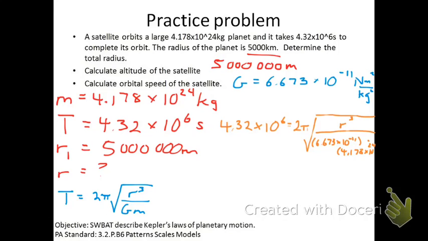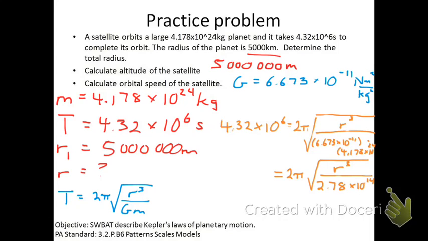Looking at this, let's solve the bottom first, gravitational constant times the mass, just to make that look a little bit nicer. Right now it's really cramping our formula here. If we multiply those two numbers together, equals 2 pi, r cubed over, and if we multiply the two bottom numbers here, we get, rounded to the second decimal place, 2.78 times 10 to the 14.